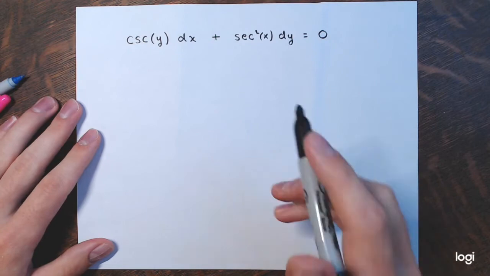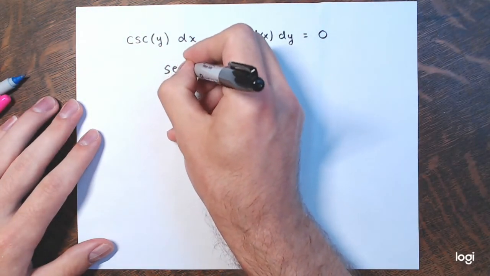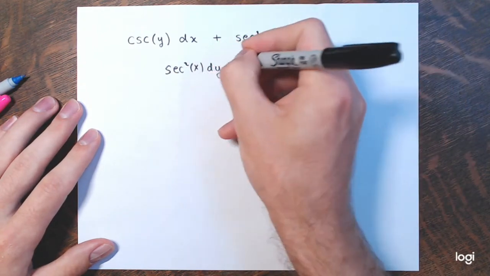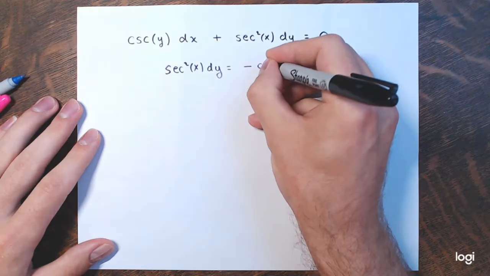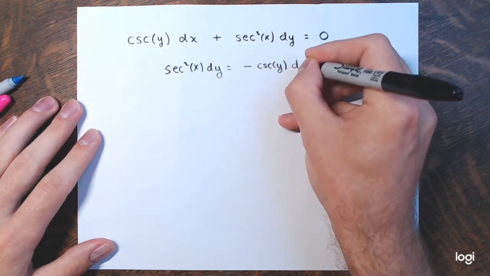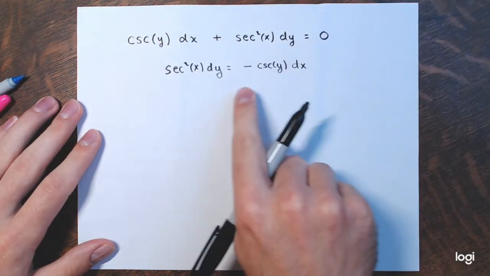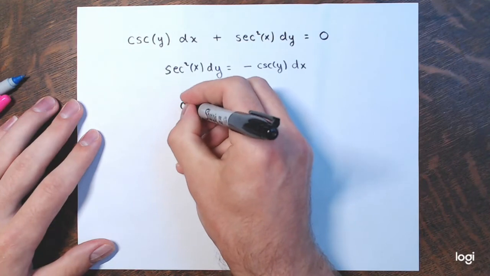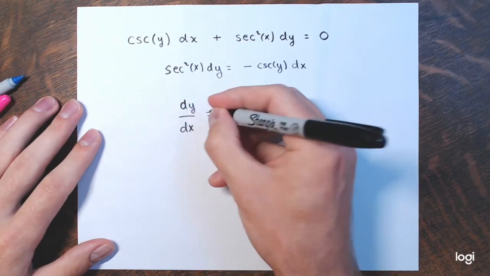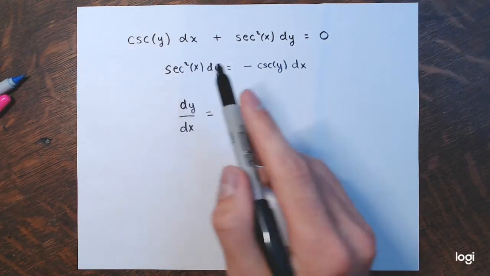So we'd have secant squared x dy equal to the opposite of cosecant of y dx. If I just subtract that and then put the dx under the dy, so dy/dx equals, and then you can divide by secant squared.